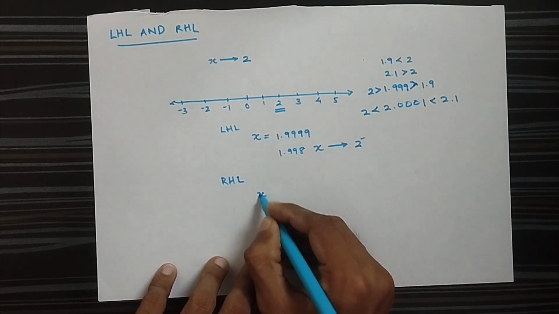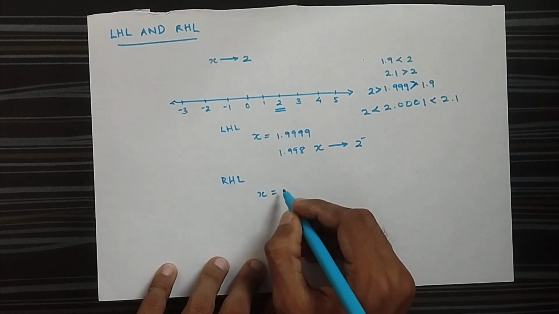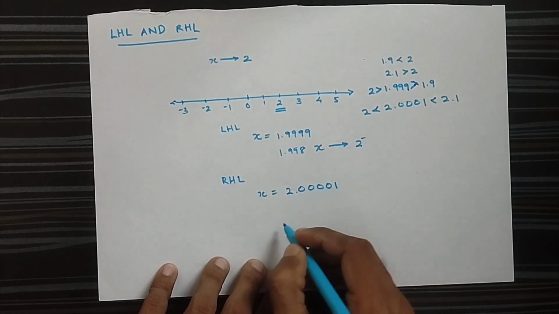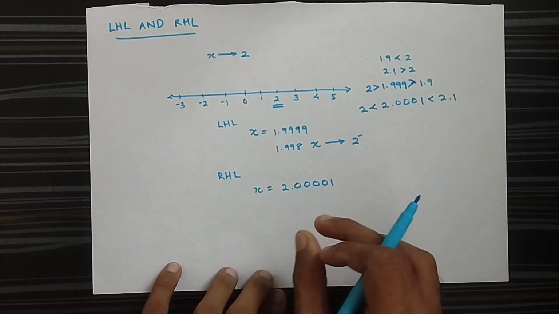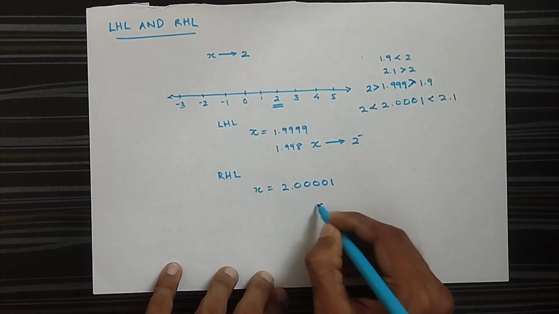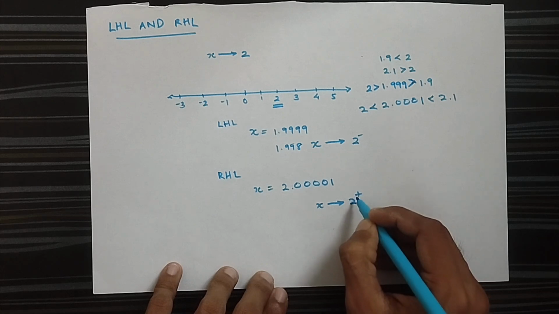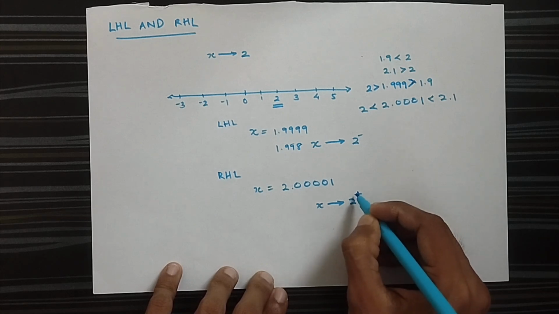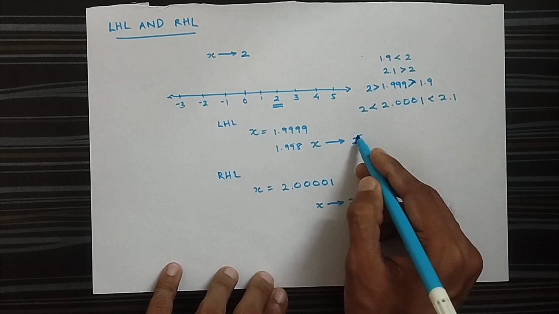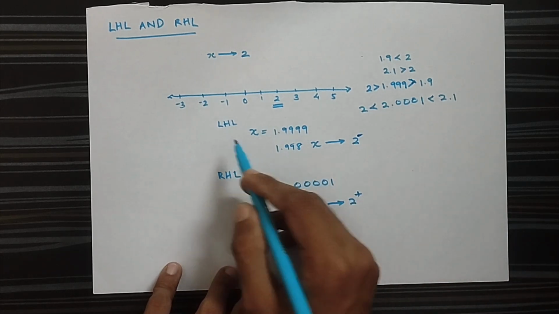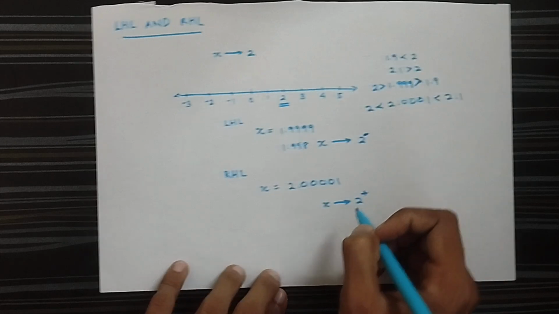That means x can be a number very close to 2 on the right hand side, like 2.0001, which is still greater than 2 but very close to 2. So we can say x tends to 2 from the right hand side, which would be denoted by a plus. This is a superscript, so it's written on the top right corner of a number. So 2 minus on the top would be LHL, 2 plus would be RHL.